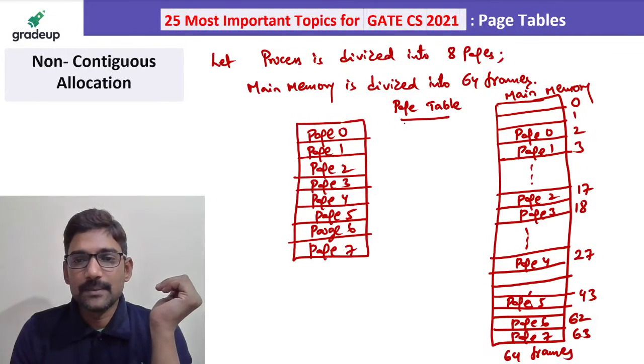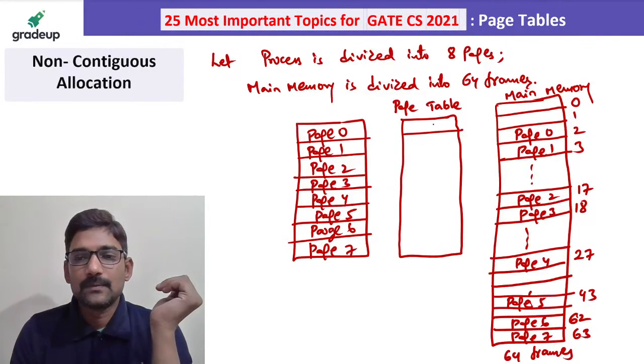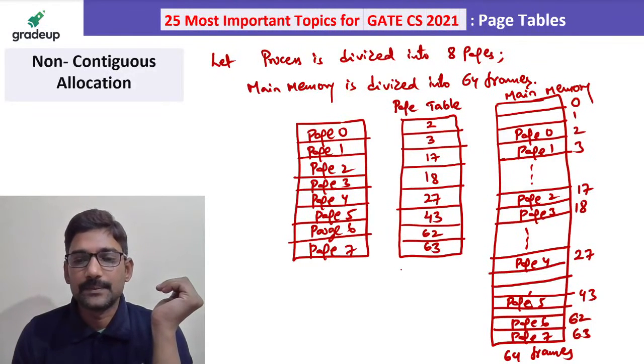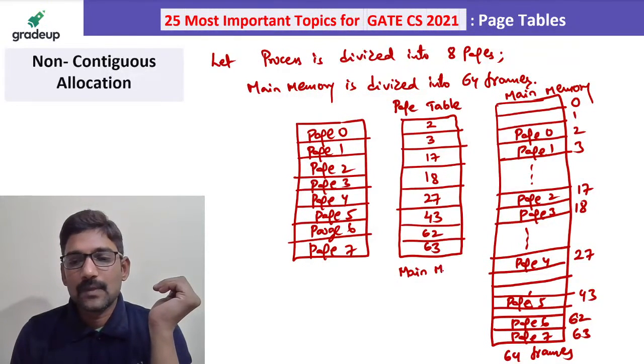So in the page table, page 0 is stored in frame number 2, page 1 in frame number 3, 2 in frame number 17, 3 in frame number 18, 4 in frame number 27, 5 in frame number 43. Like this, which page is stored in which frame number is maintained in a page table.